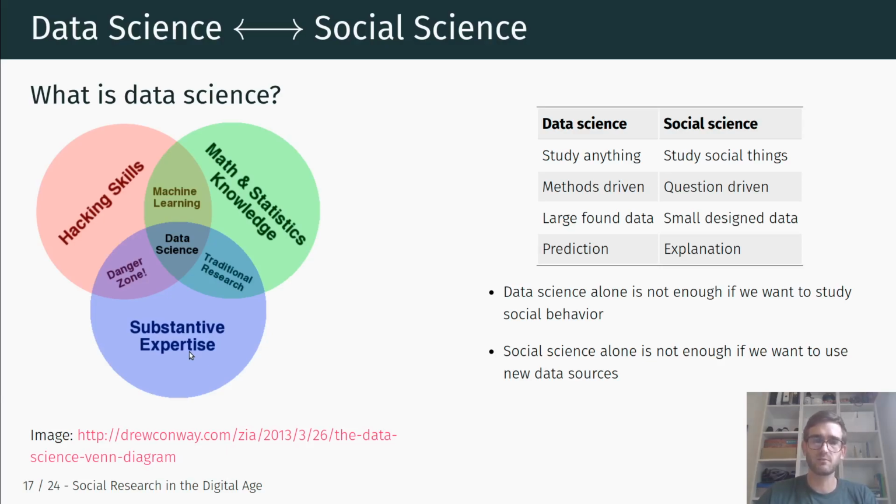Thinking back to these three eras of survey research, if we want to be able to adapt to those challenges, then we need new data sources. We need to incorporate not designed data, but found data, auxiliary data. And if we want to incorporate that, we need data science and we need computational methods.